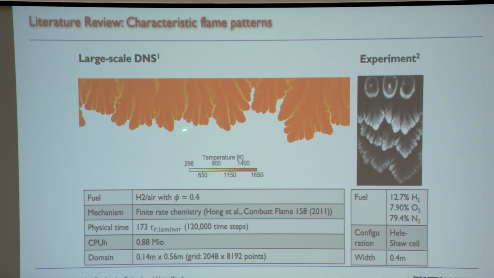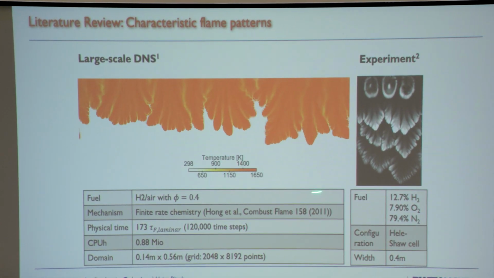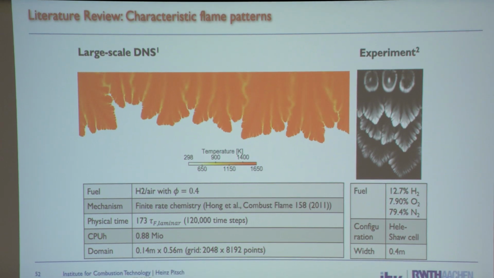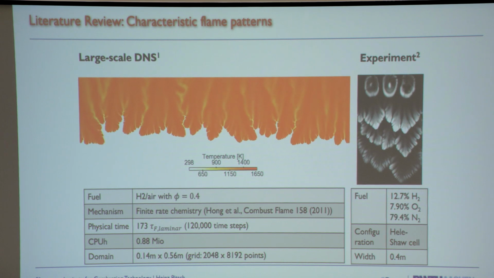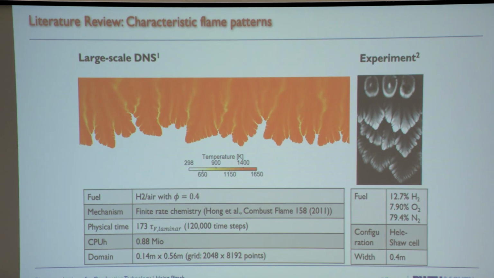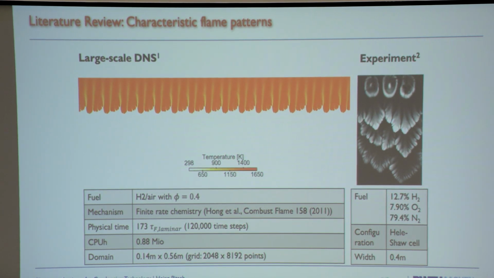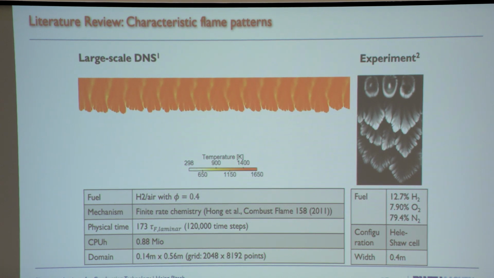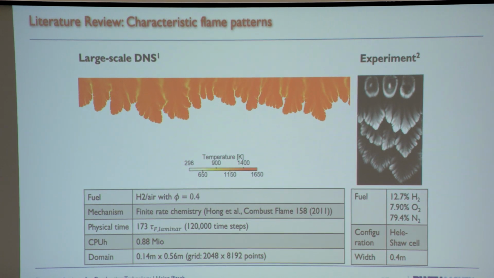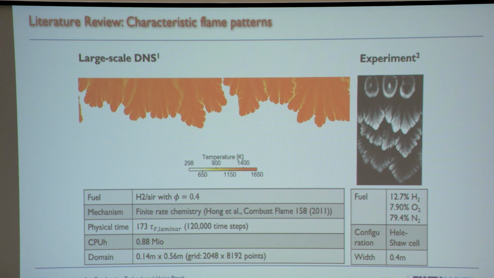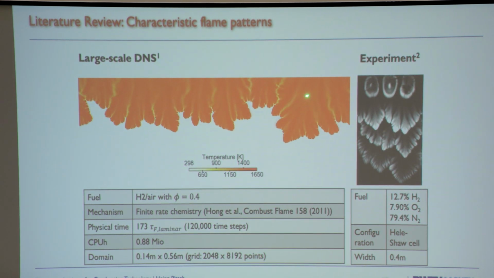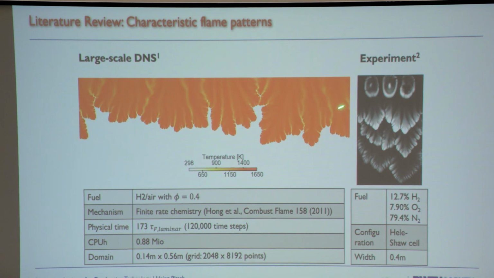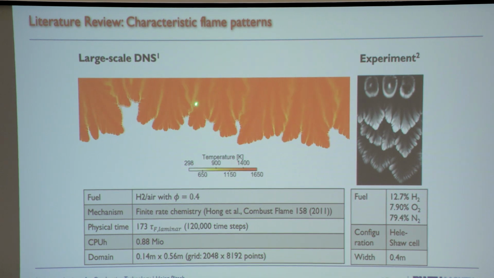What's interesting also is that this is a perfectly premixed fuel-air mixture, okay? And then you have a flame, and behind the flame is burnt. Because the equivalence ratio is the same everywhere, it should have the same temperature everywhere. So what's shown here is the temperature, but you see the temperature is not the same everywhere. In the burnt, you get regions which have higher temperature, they're a little more orange, and lower temperature, they're a little more yellow.